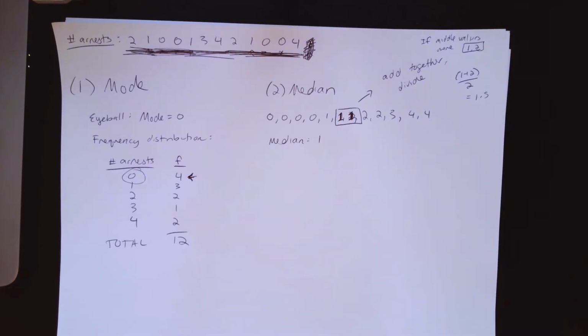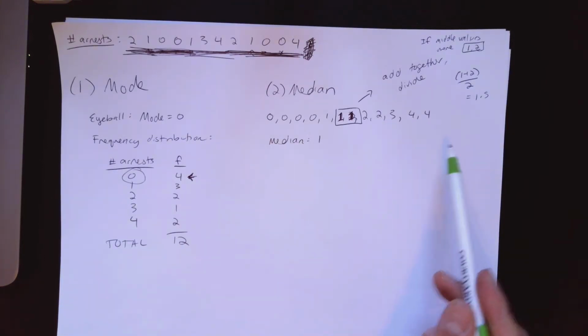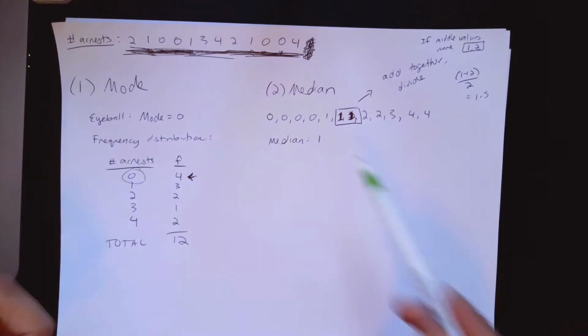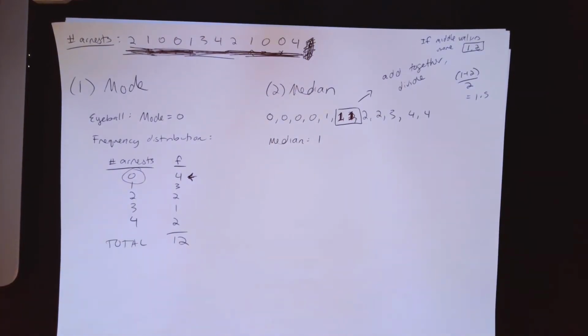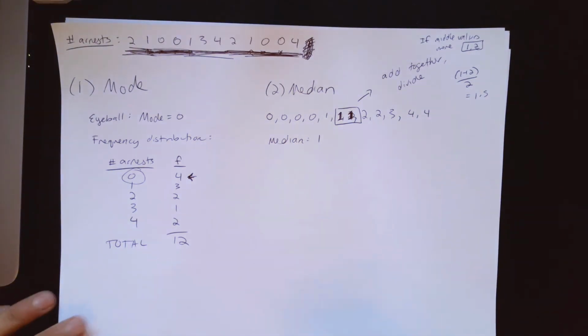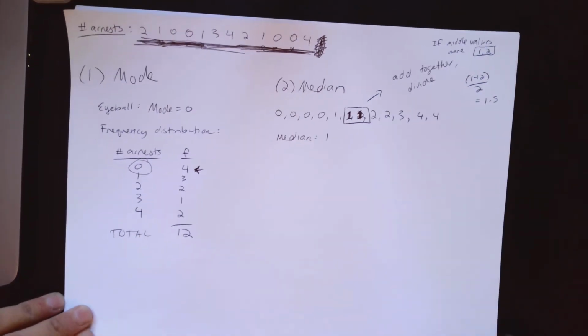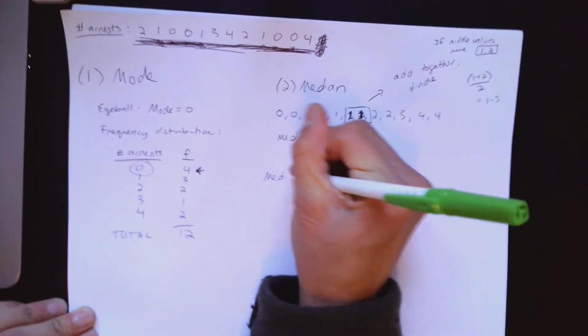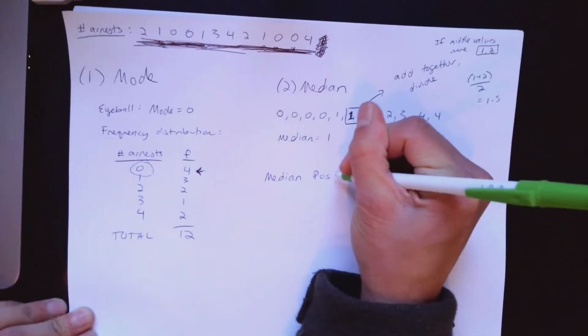So one of the things you can do instead is find the median position. What the median position does is tell you where in the line to look for your middle, so that you don't have to actually count. You're also less likely to do what I almost did while I was counting, which is accidentally count a comma or something.